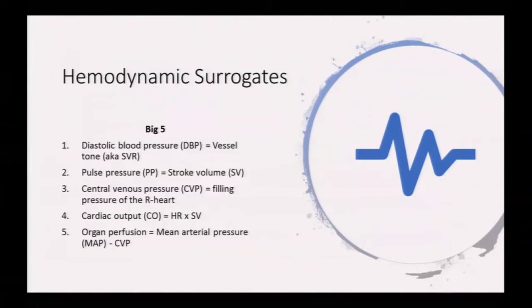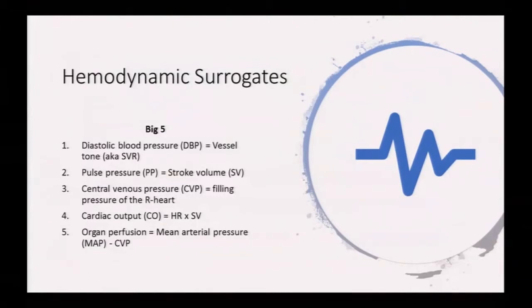For instance, your diastolic blood pressure, that lower number, is a surrogate for your vessel tone, or your systemic vascular resistance, as you may have heard it called. How well your pipes are clamped is reflected by your diastolic blood pressure.